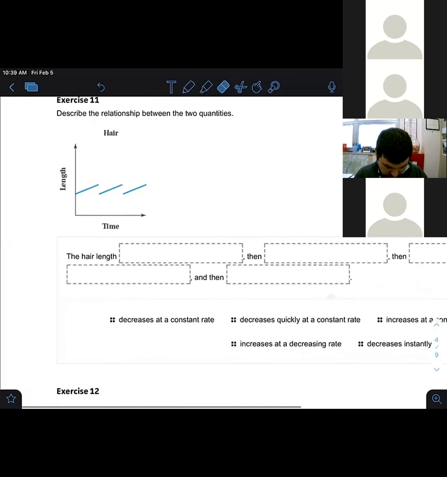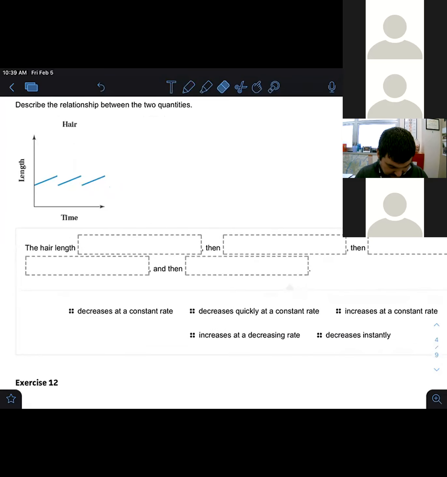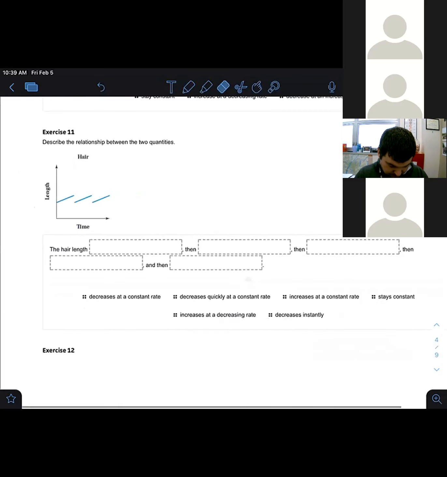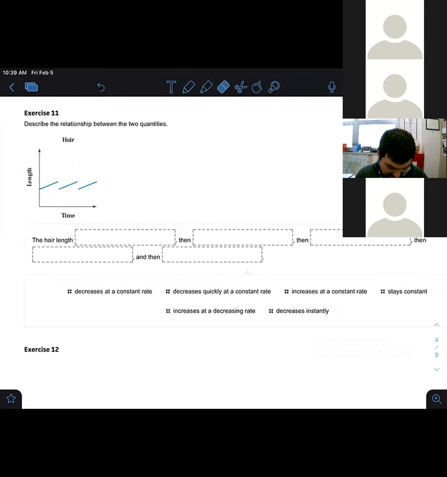Okay. So you said you got it right. It says the hair length blanks, then blanks, then blanks, then blanks, and then blanks. Okay, so it increases at a constant rate first. And then what would you put for the second spot? What happens?